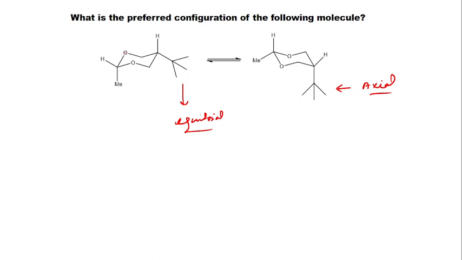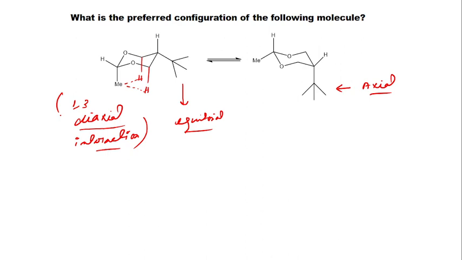So here, first look, this is equatorial, but these hydrogens suffer from 1,3-diaxial interaction with this methyl group. So this is a 1,3-diaxial interaction, so this is unstable.